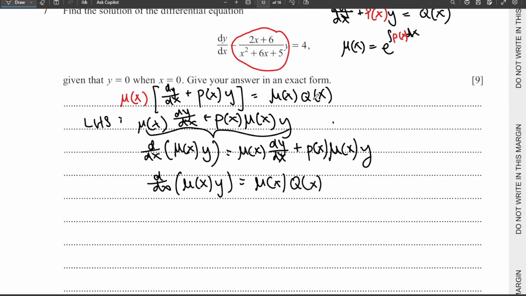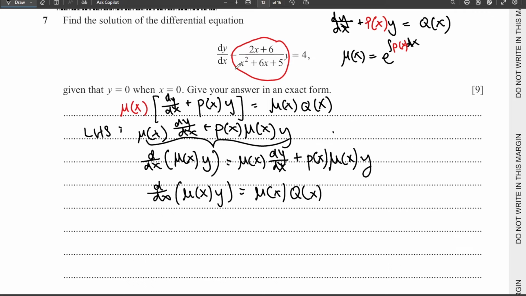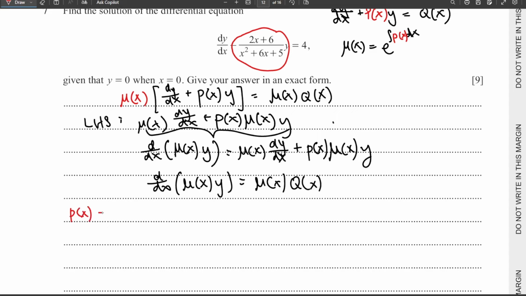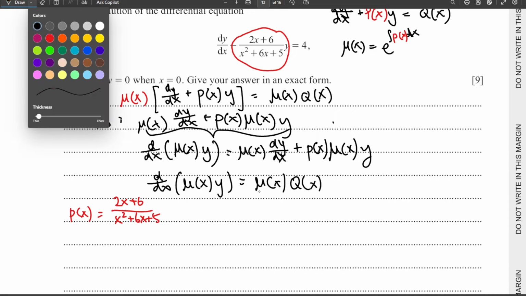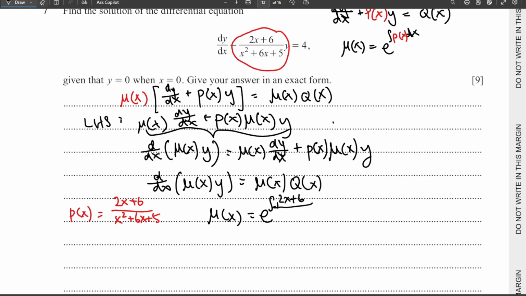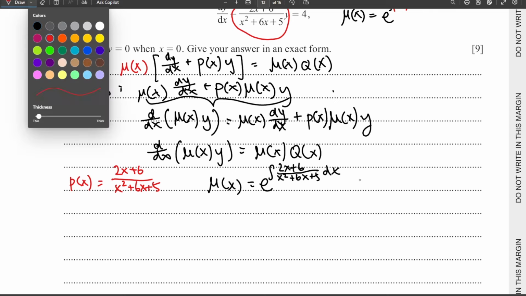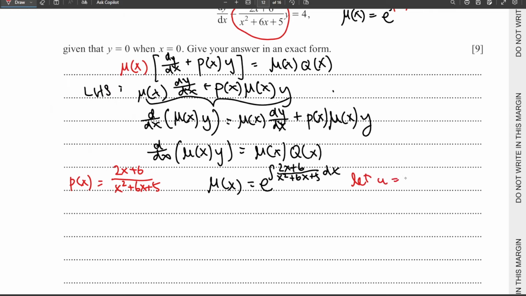Okay, so let's deal with our specific differential equation here, where we have already established that p(x) is the fraction (2x + 6) divided by (x squared + 6x + 5). Therefore, our integrating factor, to do the integration there, I'll probably use a u substitution, where let u equal the bottom function, because you can notice that the top function is basically the derivative of the bottom function.